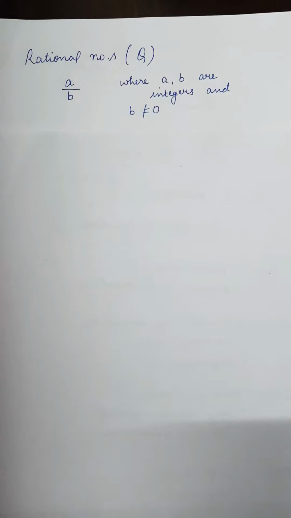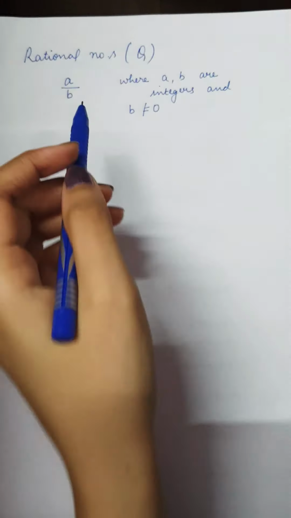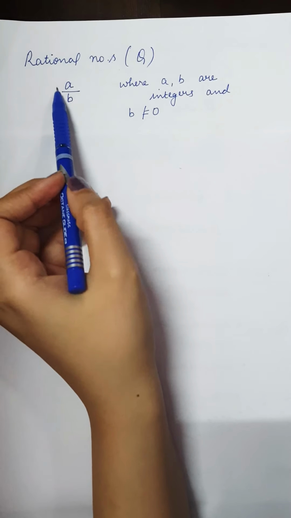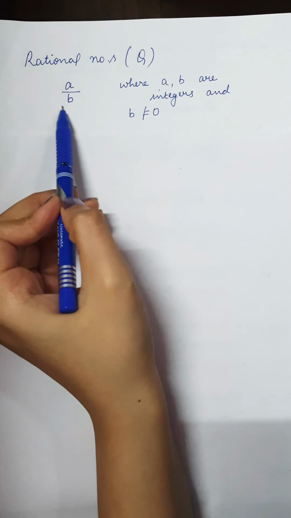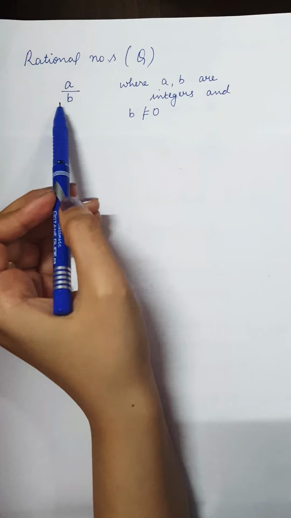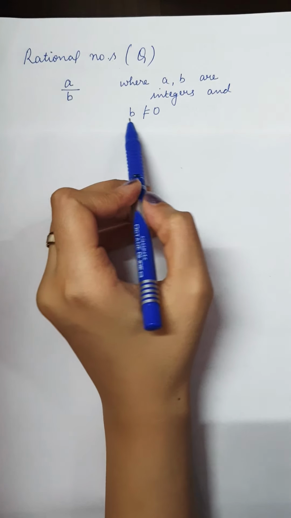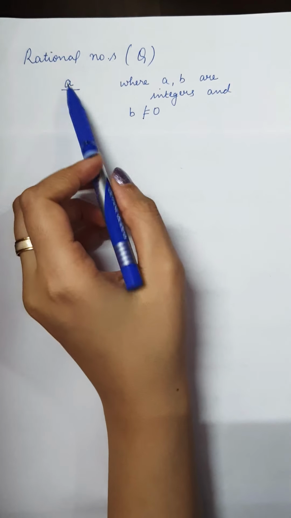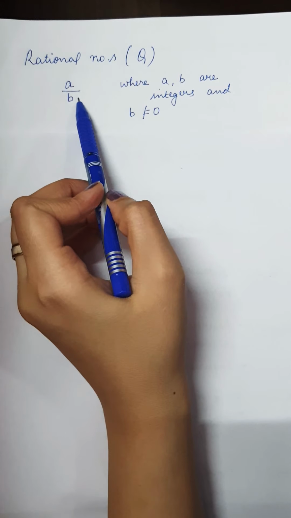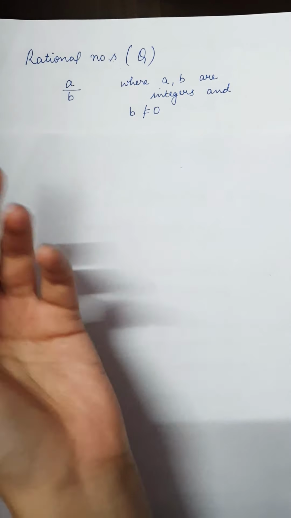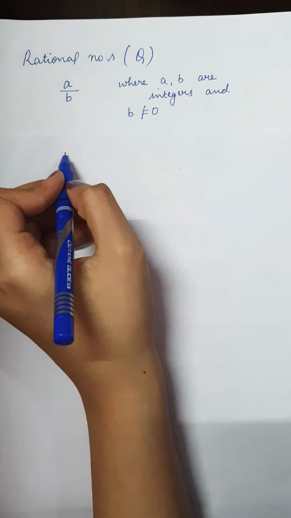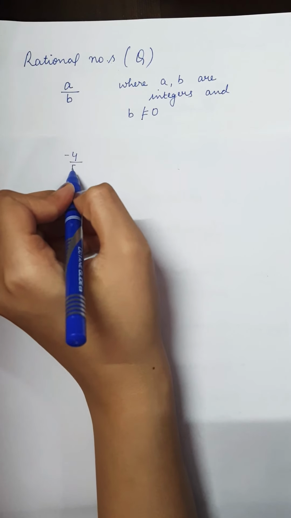Okay, now what are rational numbers? As we all know, rational numbers are the numbers which can be expressed in the form of a fraction, where the necessary condition is the denominator should be non-zero and both the numbers should be integers. So, for example, I can say minus 4 upon 5.